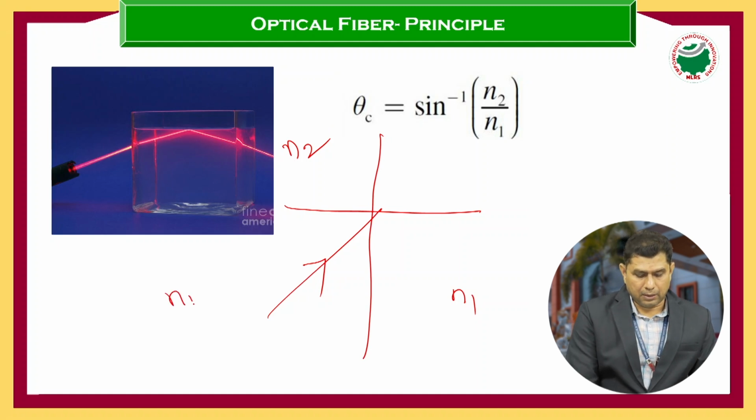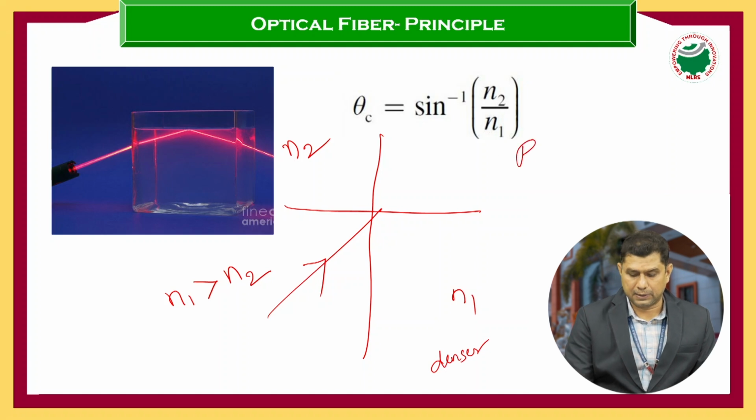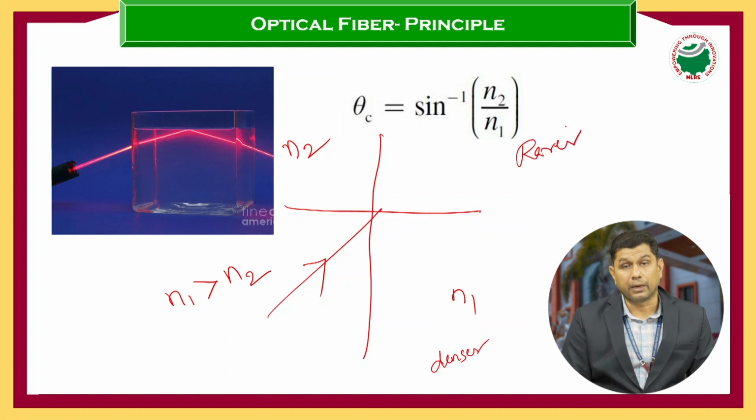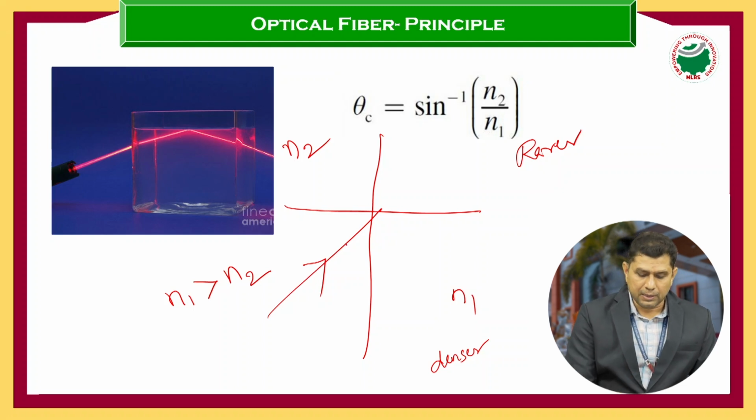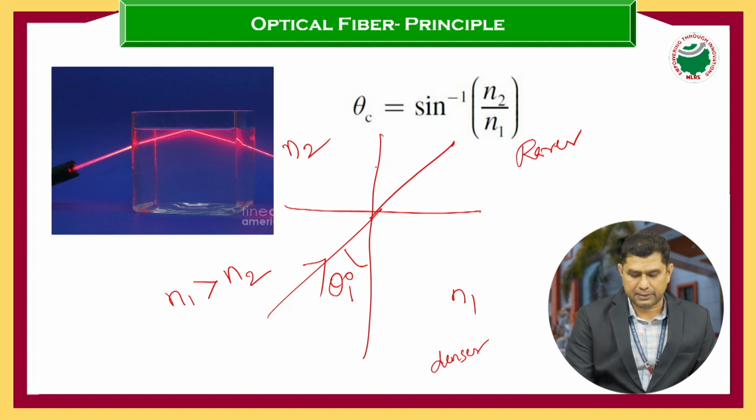The refractive index of the first medium is greater than the second medium. That's why this is called the denser medium and this is called the rarer medium. This exercise we are doing to calculate the critical angle. The angle made by the incident ray with the normal is called the incident angle, and the incident ray is refracted.